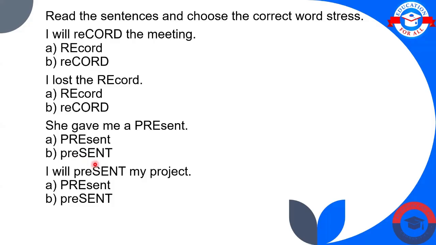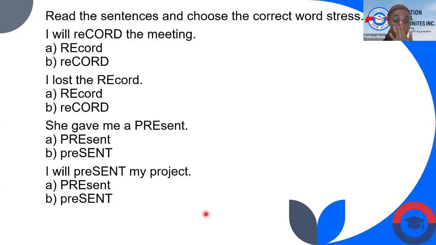Yeah, present, B for me. Is it A or B? B. Okay. Yeah, for me it's B too. Okay, Mariama and Fatu say B.